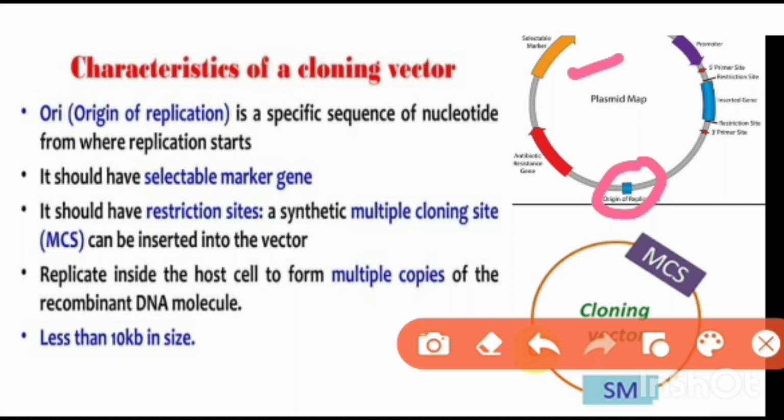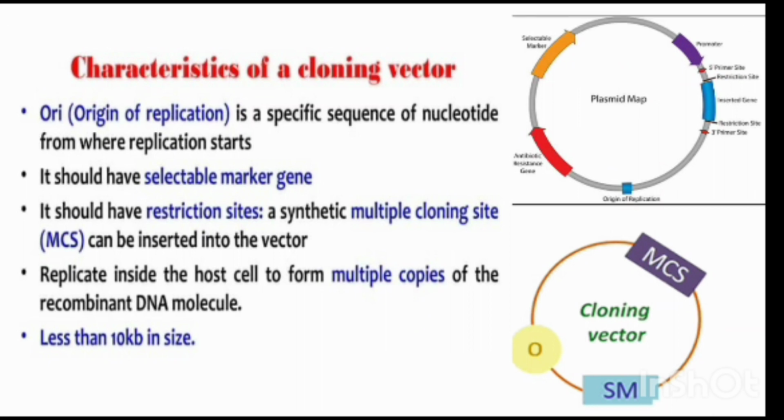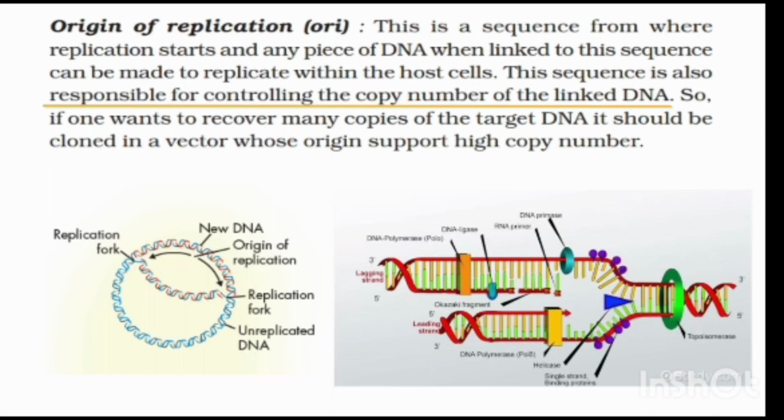I have selective markers which are there for me to select the recombinants. Then there should be restriction sites. So there are numerous restriction sites. A synthetic multiple cloning site can be inserted into a vector, which replicates inside the host cell to form multiple copies of recombinant DNA, and it should be less than 10 kb in size.